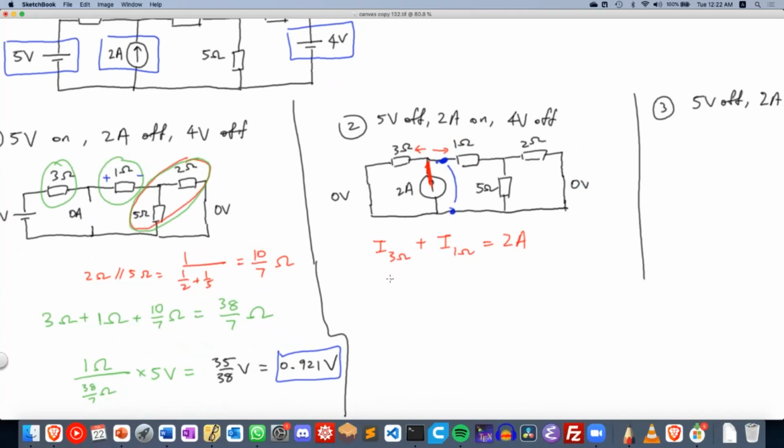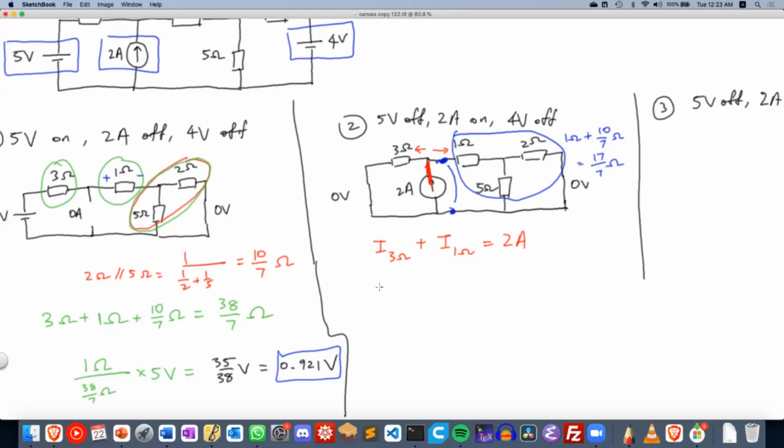So what's the effective resistance of this setup? This part is going to be 1 ohm plus the 5 and 2 in parallel, which we calculated previously as 10 over 7. So that gives us 17 over 7 ohms.